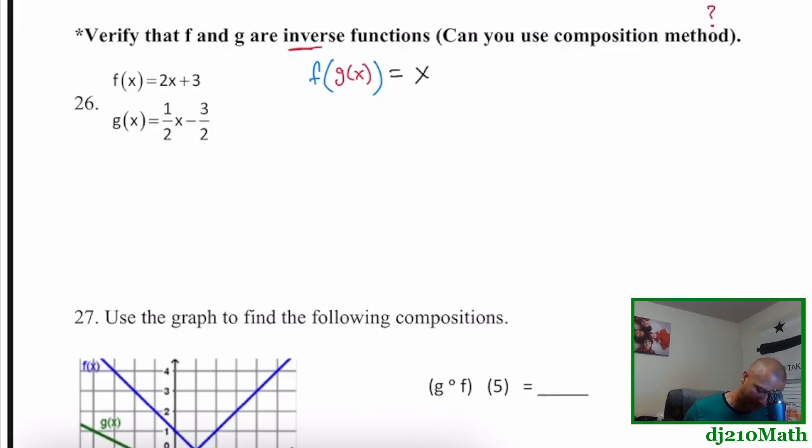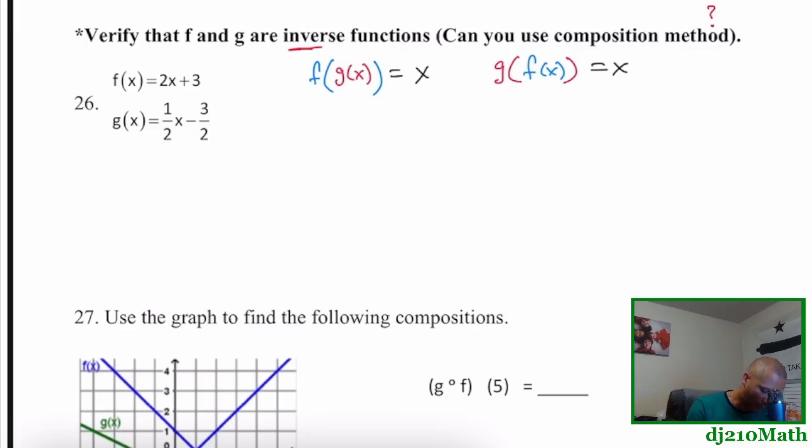Then taking g and composing g with f, putting f inside of g basically, and verifying that that comes out to x as well. So when you do both of these methods and x comes out, then they're inverses. But only if x comes out. If something other than x comes out, then they're not inverses, no way, no how.